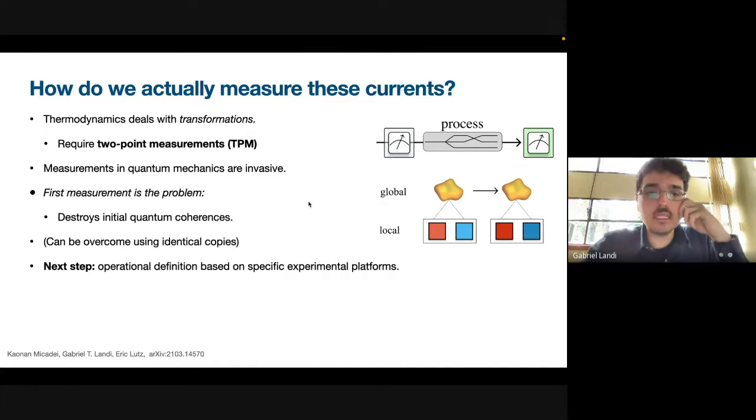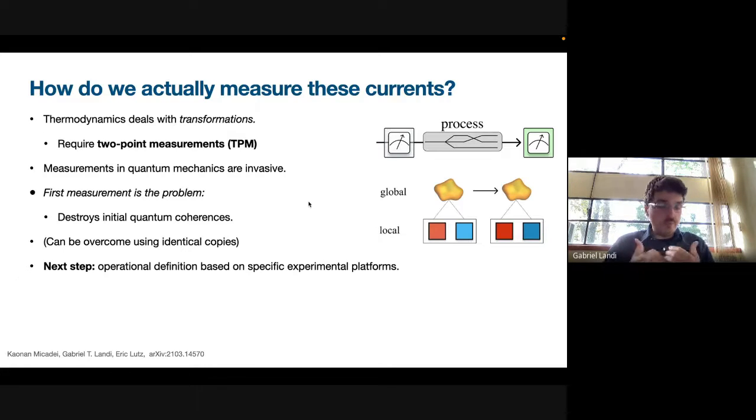Okay, and then this leads us to another question, which is how do we measure these things? I mean, how do we actually go and measure non-Abelian, non-commuting charges? Well, the standard protocol that is used in thermodynamics to measure these things is called the two-point measurement. Essentially, the basic idea, and this is very deep in my opinion, is that thermodynamics always deals with transformations.